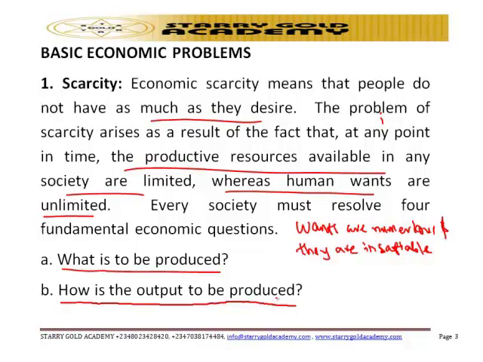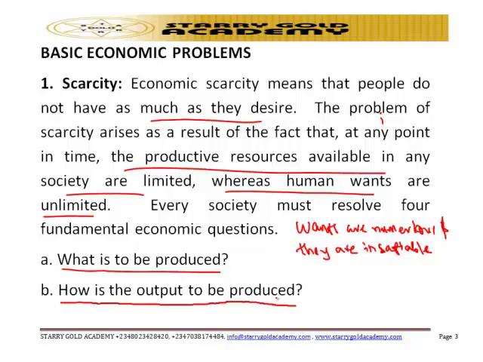That is the manner of combination of factors of production in order to produce the maximum output of goods and services possible. So having decided on what to produce, you must know the quantity of goods to produce and the resources that need to be put together to ensure that we achieve optimal resource allocation.